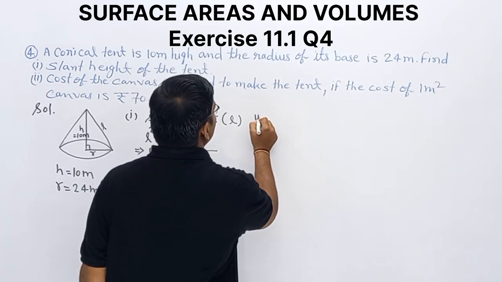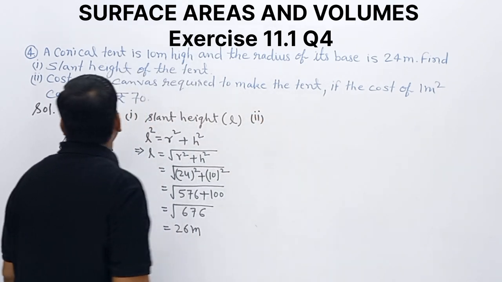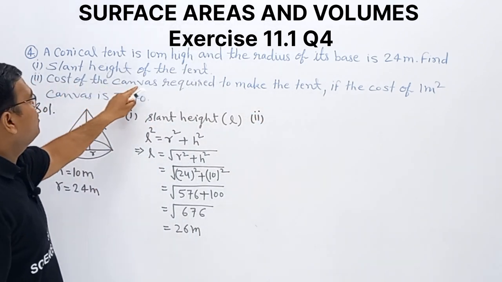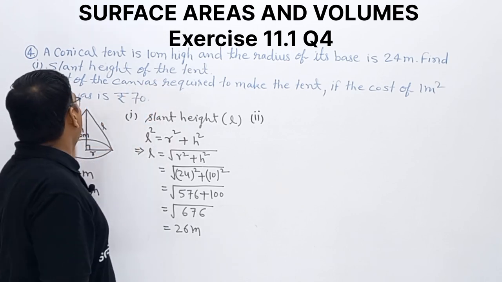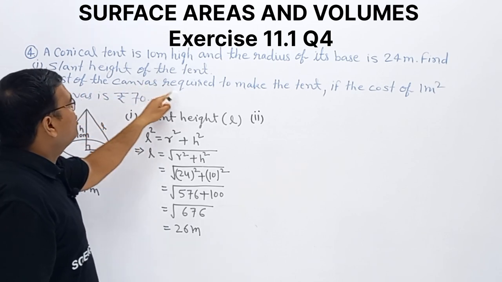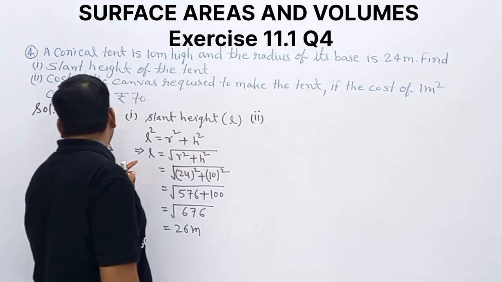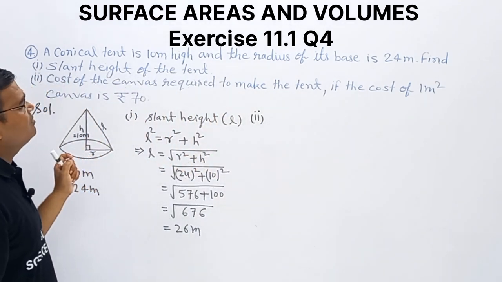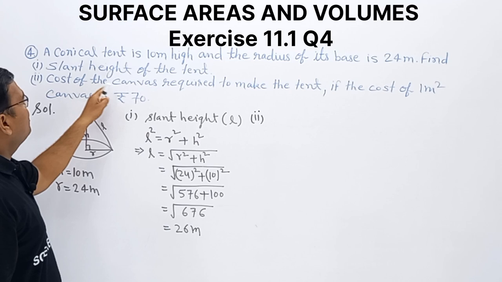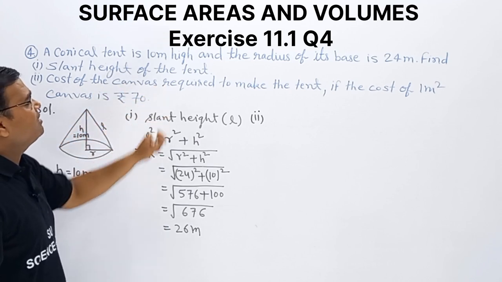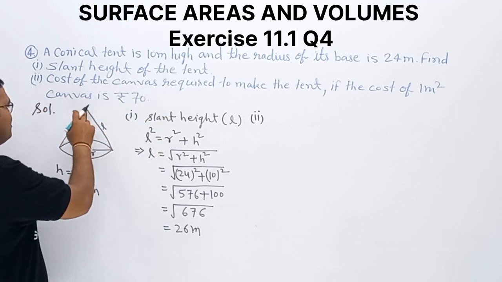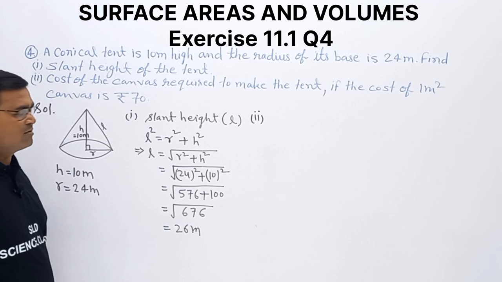Now the next question, question number second one. How will we solve it? Observe carefully. Cost of the canvas required to make the tent. This tent is made of canvas.